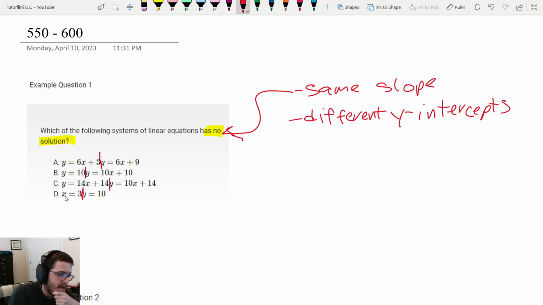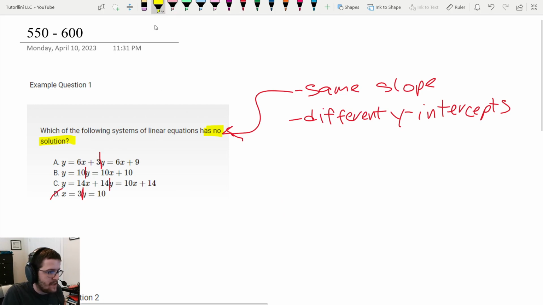D is a vertical line and a horizontal line. Those are going to cross like a T, so those have one solution, so that's out. C has different slopes, so those are actually one solution, so that's out. And B, the first one has a slope of 0, and the second one has a slope of 10.